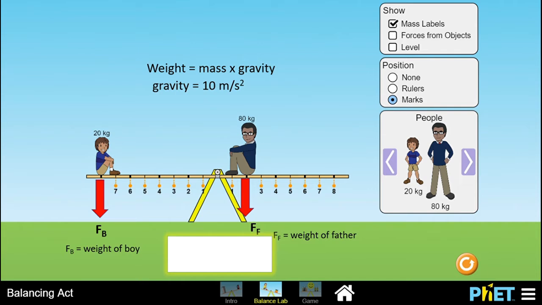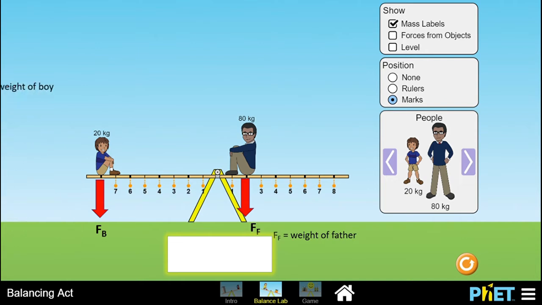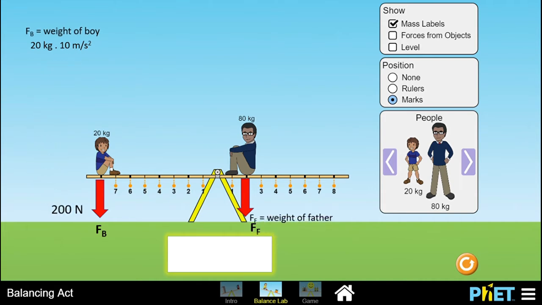Suppose that the gravity is 10 meters per second square, so the weight of the boy is 20 kg multiplied by 10 meters per second square. It's equal to 200 Newton. And the weight of his father is 80 kg multiplied by 10 meters per second square, equal to 800 Newton.